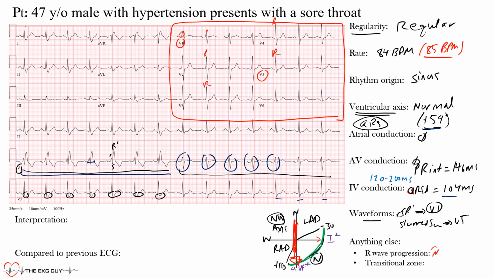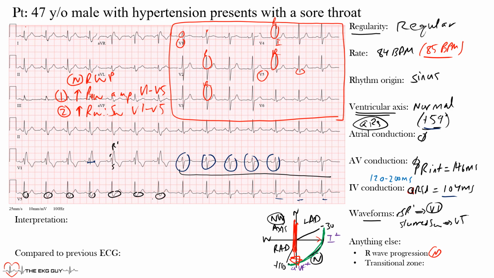How we consider normal R wave progression is either one, you have an increase in R wave amplitude from V1 to V5, or you have an increase in the R wave to S wave ratio from V1 to V5, okay? Meaning that the R waves progressively get bigger and the S waves are getting smaller, okay? So notice that the S waves are getting smaller. So we would consider that normal R wave progression here, okay?